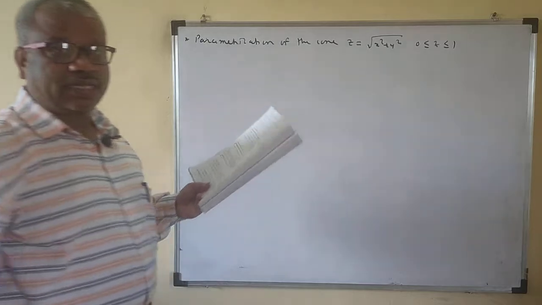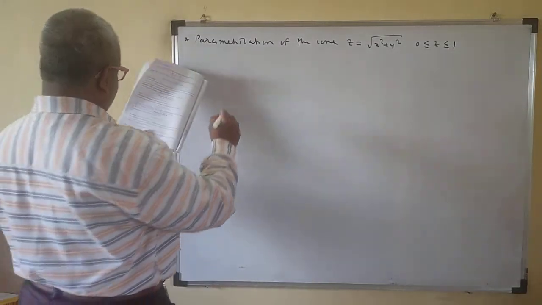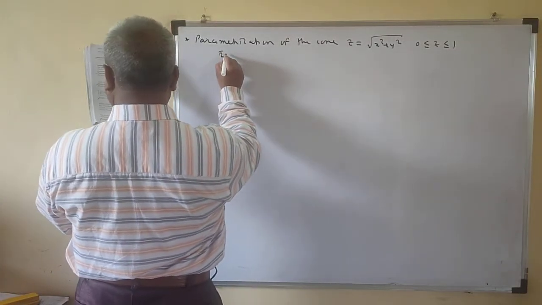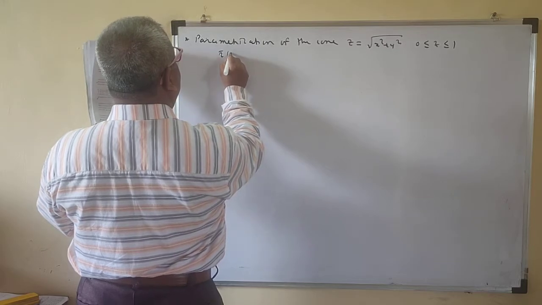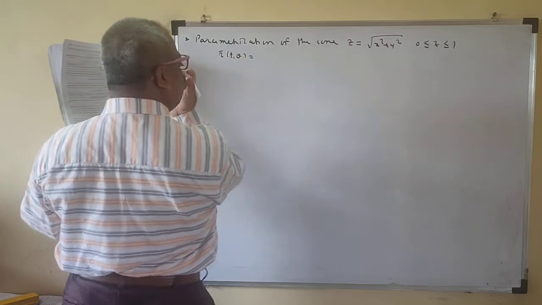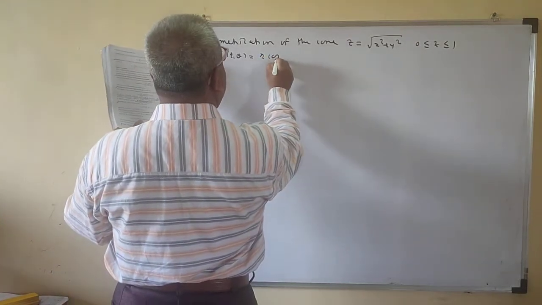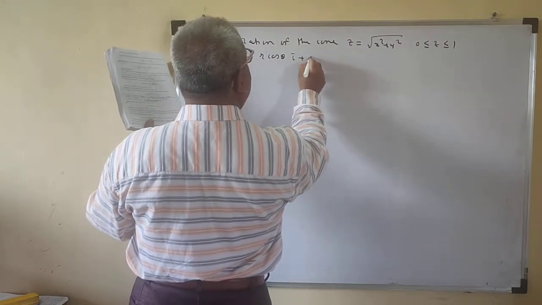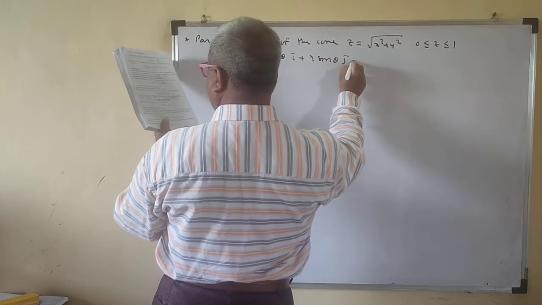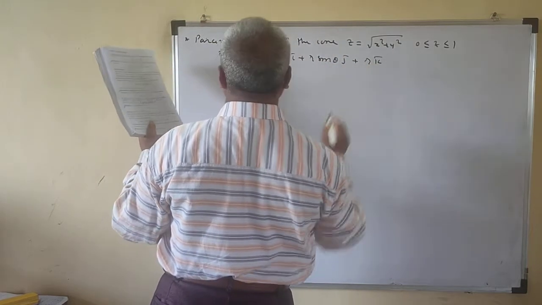So we write the parameterization: r bar of r, theta is r cos theta i bar plus r sin theta j bar plus r k bar.